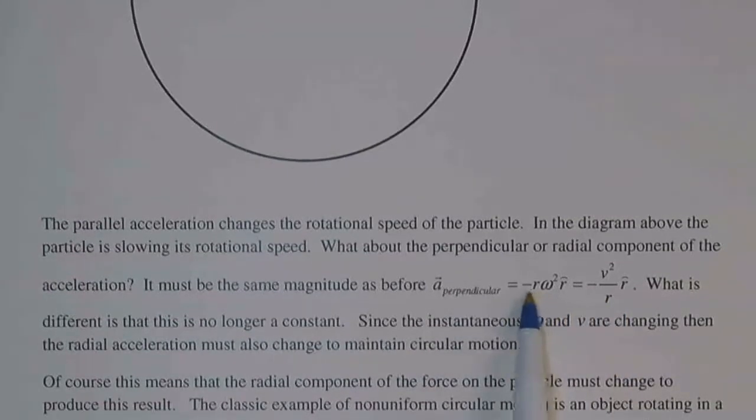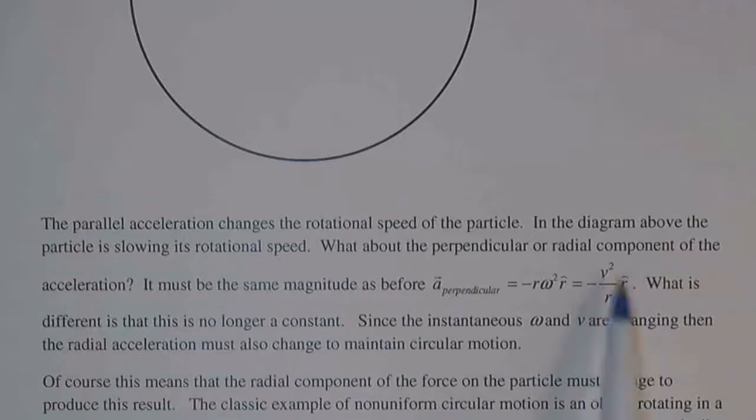It must be r omega squared in the radially inward direction, or v squared over r in a radial inward direction. So that amount of acceleration to keep the particle moving in a circle hasn't changed. What has changed is that omega and v are no longer constants.